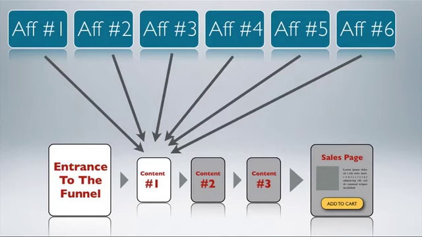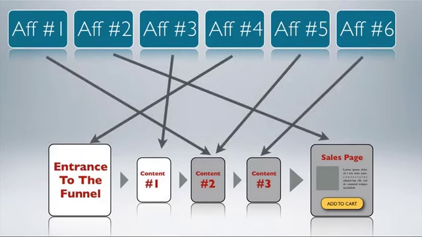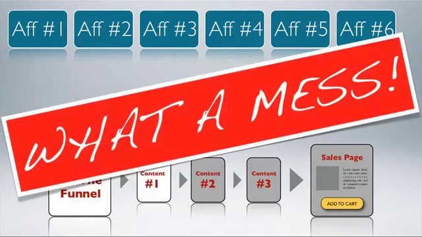And that can be easily messed up if you don't coordinate your affiliates correctly. While some of them are mailing to their list about post 1 in your sequence, others can be mailing about post 2 or post 3. That will totally kill the launch sequence flow.